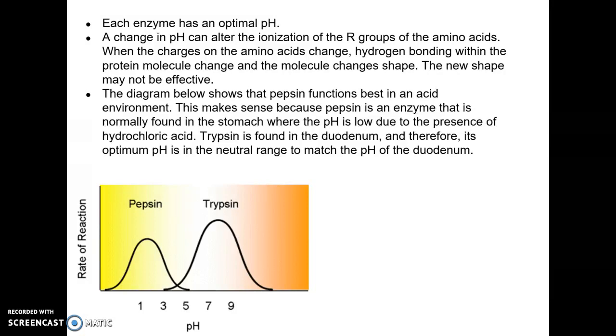And so each protein has its optimal pH. For instance, pepsin is only active in the acidic environment of the stomach. It becomes inactive when it enters into the intestine because of the increase of pH.